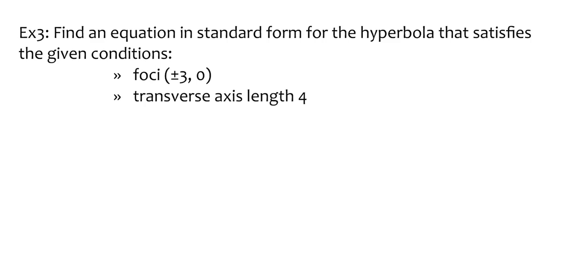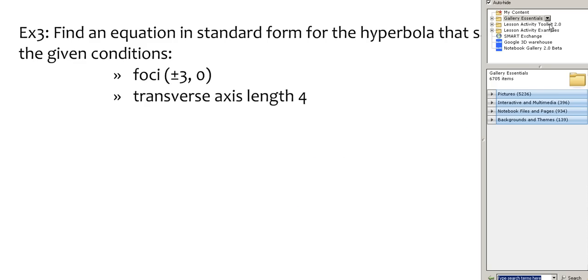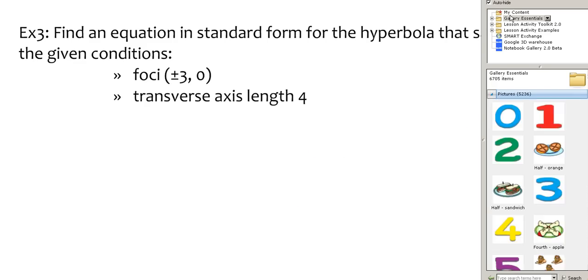One more quick example. It says find an equation in standard form for the hyperbola that satisfies the given conditions. We're given our two focus points and our transverse axis length. Okay, so again, I like to have a graph going while I'm doing this.